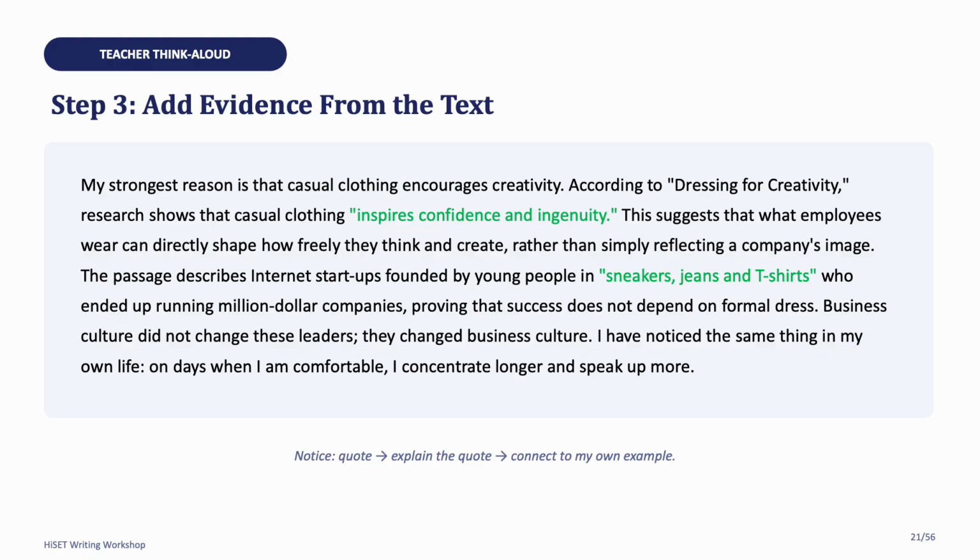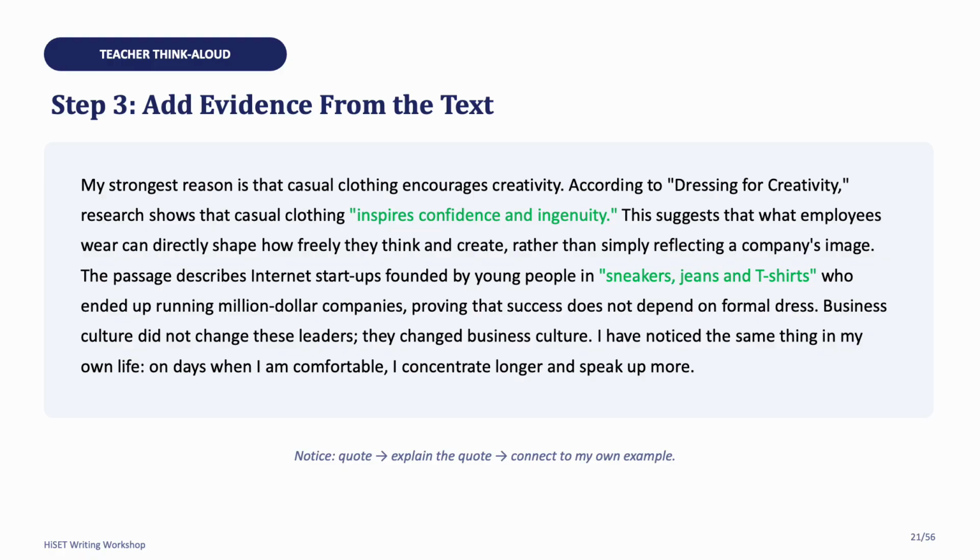Now notice here that my topic sentence, the sentence that the whole paragraph is about, is, my strongest reason is that casual clothing encourages creativity. And in that article, passage 1, Dressing for Creativity, there is a quote that casual clothing inspires confidence and ingenuity.